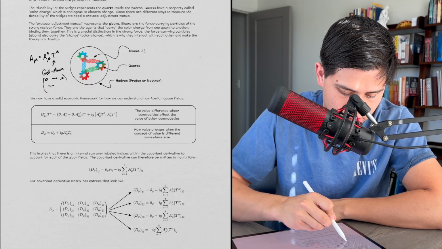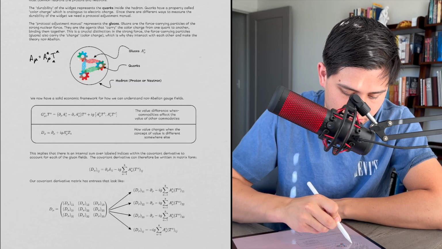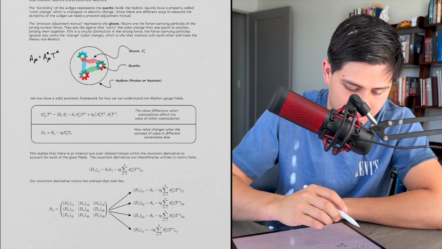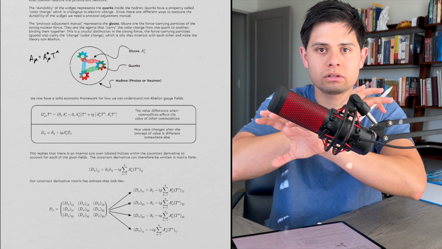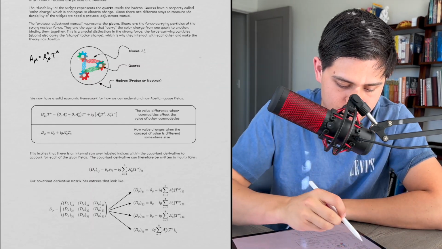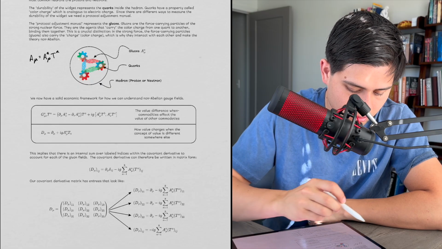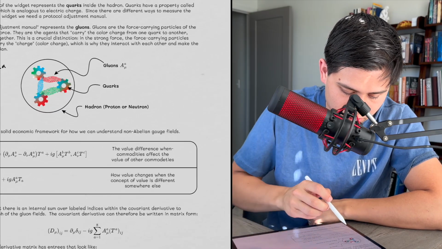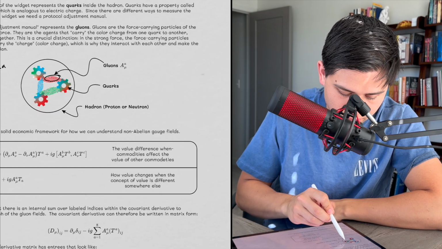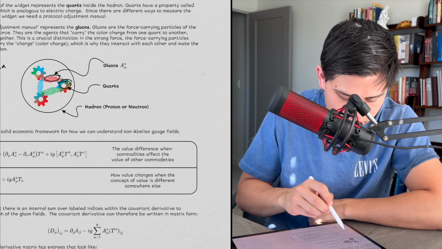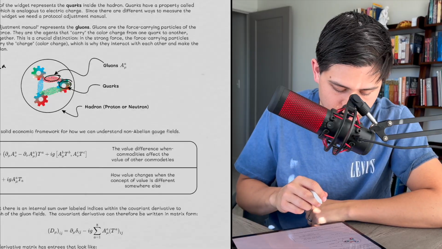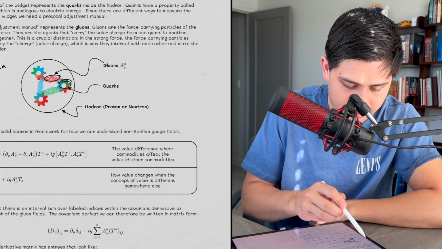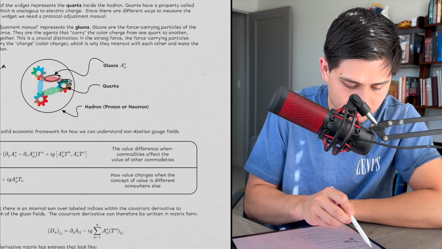And we'll get into that more in the next video, but that's how we distinguish quarks from gluons, right? So what we have now are gluon fields. We have our quarks. Quarks are like the widgets again. The gluons are the protocol adjustment manuals, and the hadron itself is the combination of the quarks and the gluons.